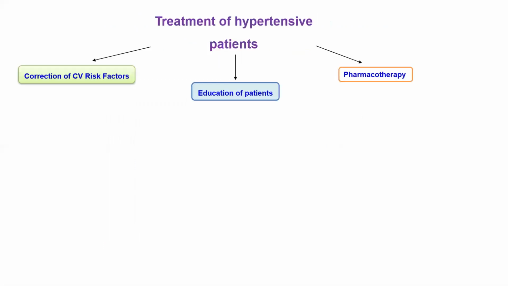Management of patients with high blood pressure, essential hypertension, means the use of several approaches, non-medication and pharmacotherapy. The non-medication approach includes correction of cardiovascular risk factors. For example, we recommend to quit smoking, stop taking alcohol, or reduce salt consumption, etc. Second, non-pharmacological approach is education of patients.